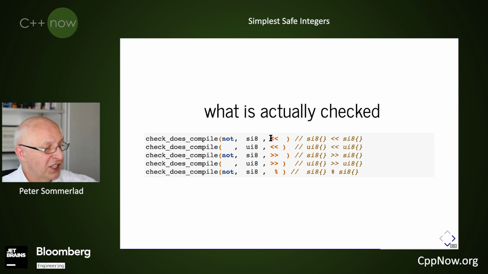Now, what is actually checked? When we check does not compile the shift, we check if a default constructed signed integer 8 can be shifted by a signed integer 8, and that just doesn't compile. Again, for unsigned UI8, it should compile and so on.